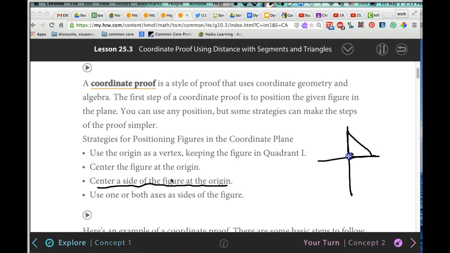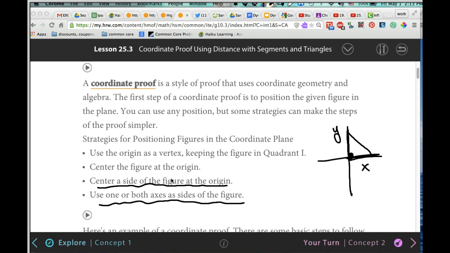Okay? It's right here. Or use one or both axes as sides of the figure, and that's exactly what I did. I drew my triangle, and this side is on the y-axis, and that side is on the x-axis. Again, these are just some strategies you need to use in order to make sure that your calculations go easy.